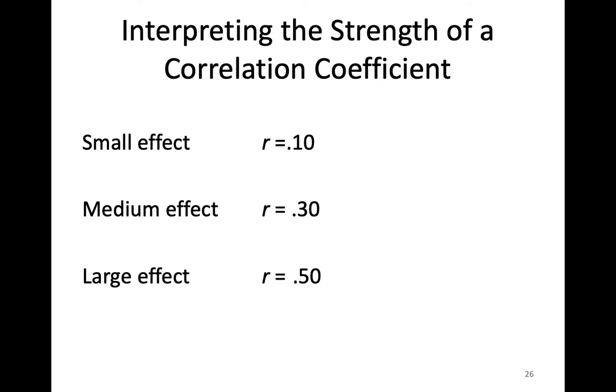A large effect would be positive 0.5 or negative 0.5, so anything more positive than 0.5 or more negative than negative 0.5 would be a large effect. Of course, you can be in between. A correlation of 0.2 is somewhere between a small and medium effect, and 0.4 is between a medium and a large effect. But in interrogating the statistical validity of an association, what we want to look at is just how strong that association is.